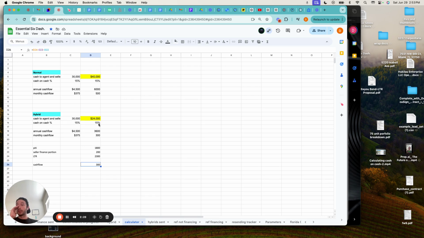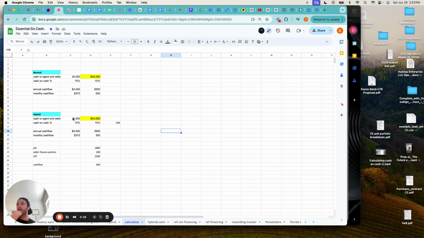So I do blend a wholesale and keeping properties, but if you're wholesaling the 15%, and then it gives you room to add the wholesale fee, and then by the time the buyer takes it, you're at 10%. I do prefer to keep properties though, so if you are keeping it, it's completely up to you, obviously, how much cash you're giving to the agent and seller.